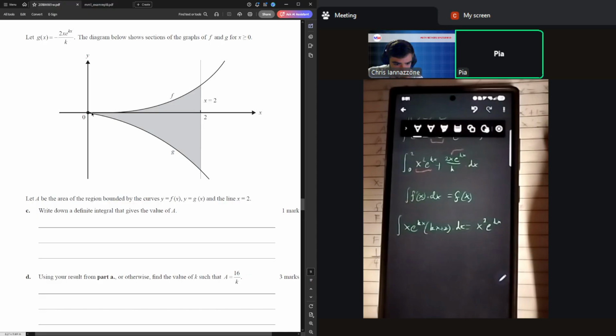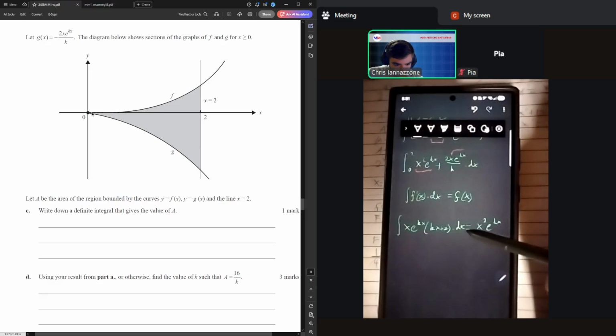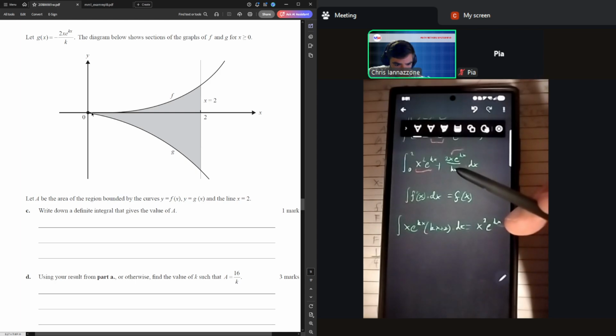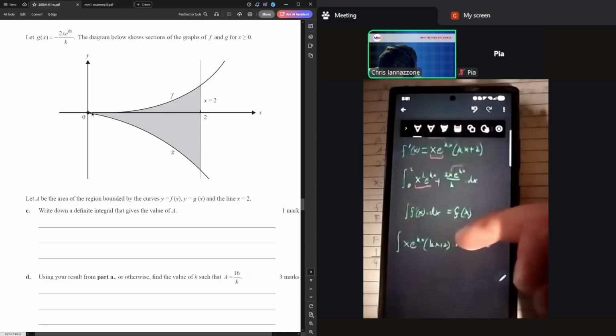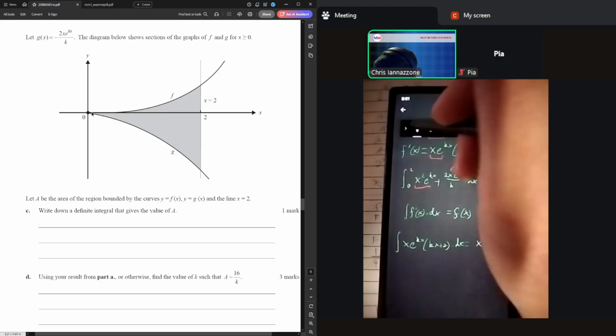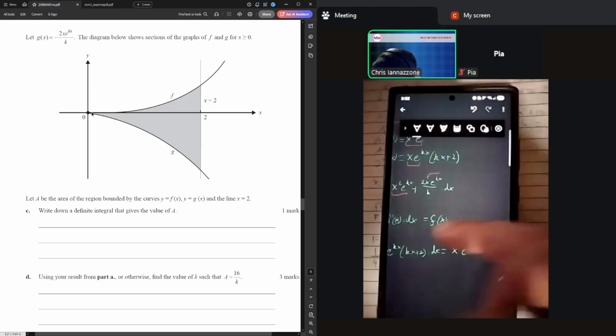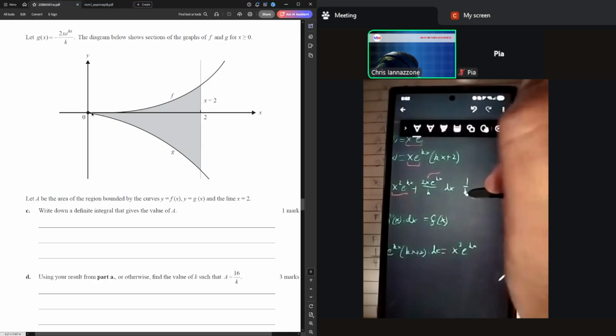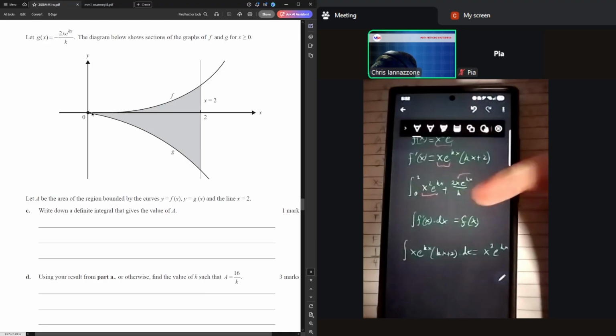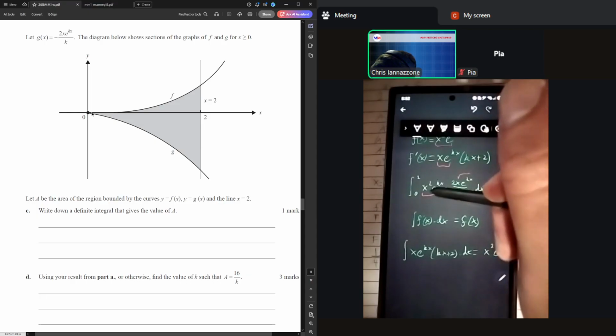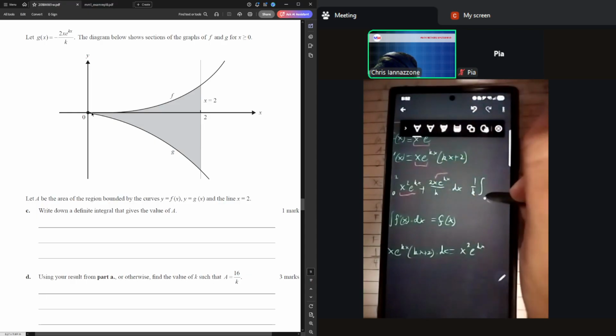Could we take the 1 over k out? Oh, like over here. Yeah, you can. So you'd have 1 over k times the integral. Now, because this one doesn't have a 1 over k, you've got to put it into this now.